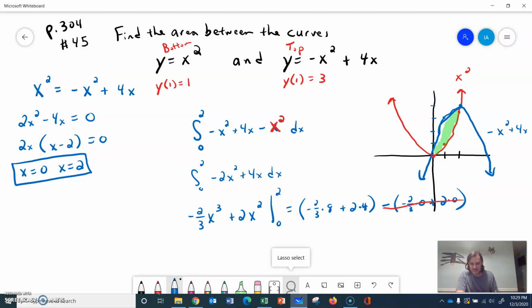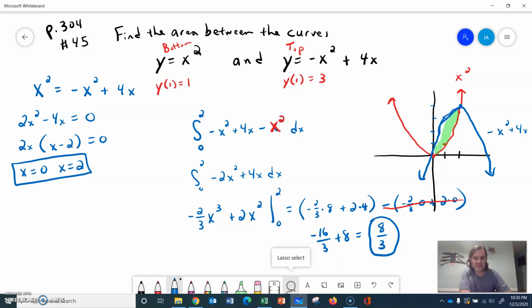So then cleaning this up, I'll have negative 16 thirds plus 8, which if I make a common denominator, 8 would be 24 thirds. So it looks like I will get an area of 8 thirds. So almost 3 units captured in that spot that I shaded in.